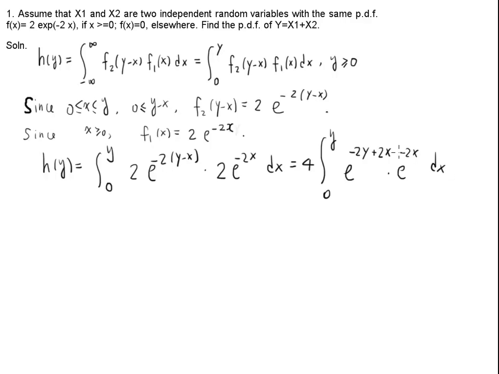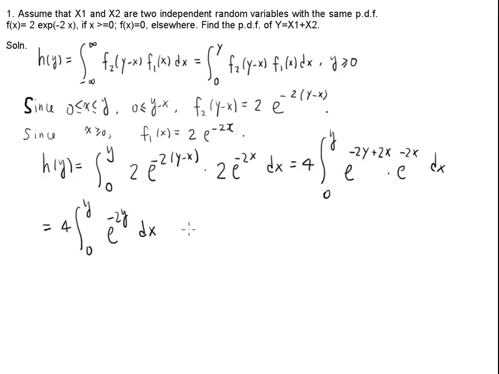We see positive 2x and negative 2x; once we combine these two exponents, they cancel. So what we have over here is 4 times the integral from 0 to y of e to the negative 2y, and this part is dx.